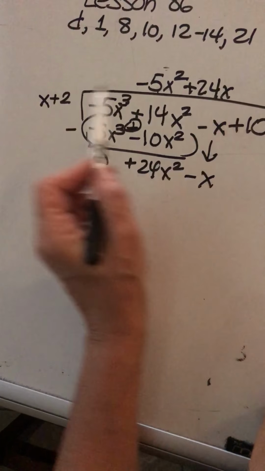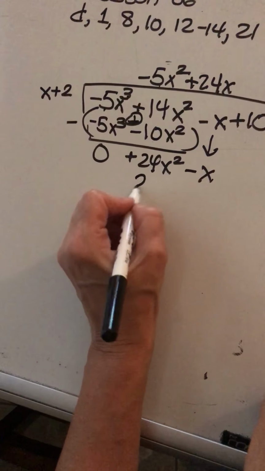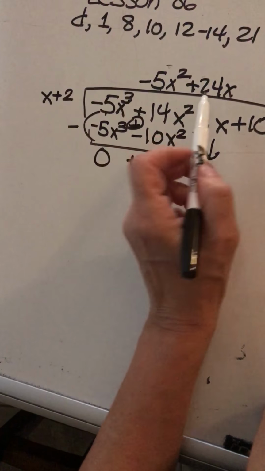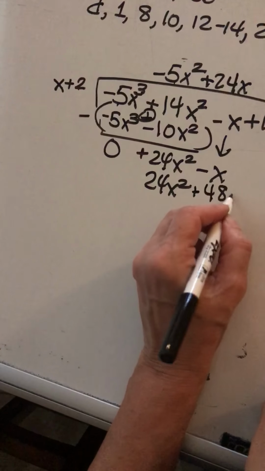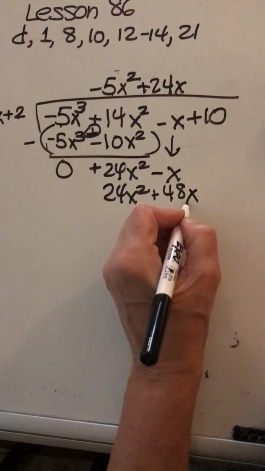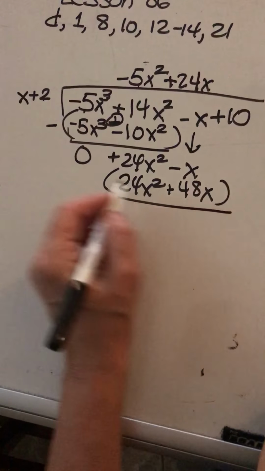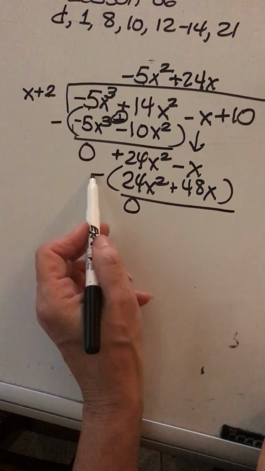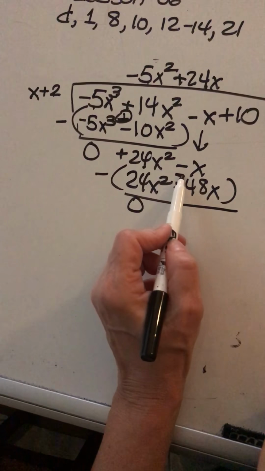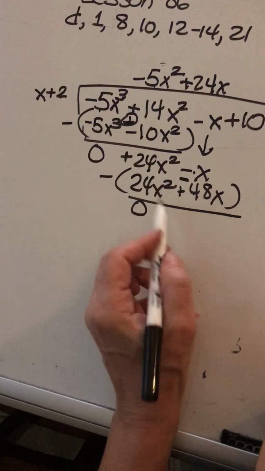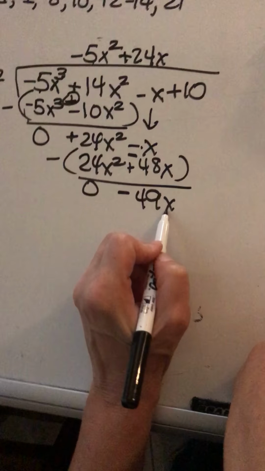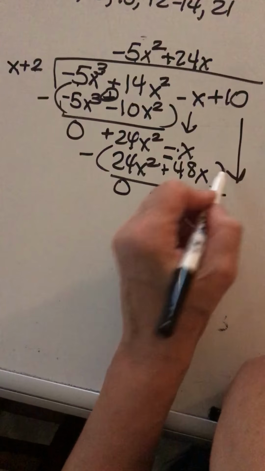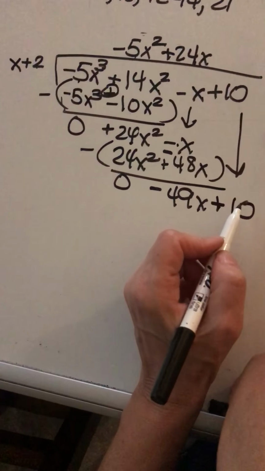I multiply. 24x times x, 24x squared. 24x times 2 is 48x. Now I subtract. I'm left with 0 here. Minus a positive is a negative. So 1 and 48 leaves me with negative 49x. And then I bring down my 10, positive 10.